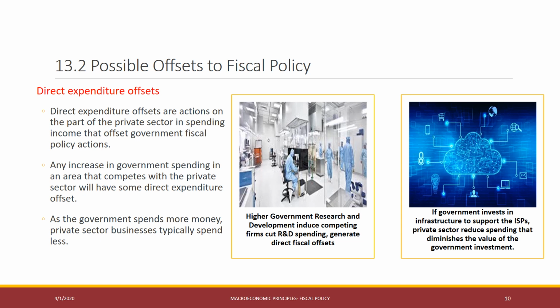In contrast, some of what government does, such as public education, competes directly with the private sector. When government competes with the private sector, direct expenditure offsets to fiscal policy may occur. For example, government starts providing milk at no charge to students who were already purchasing milk, and there is a direct expenditure offset.